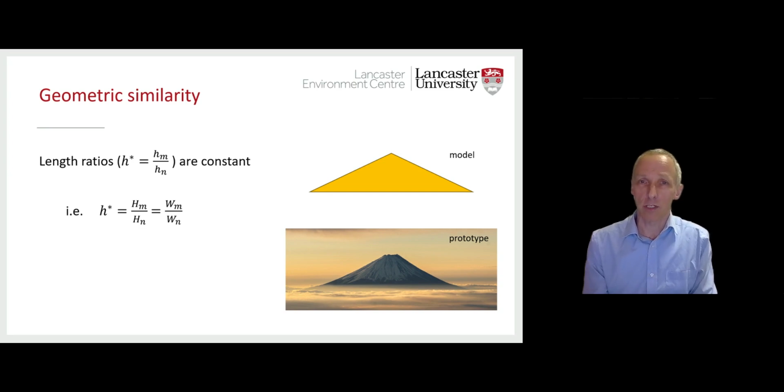If we want our model to be geometrically similar, we need the length ratios to be constant across the model. So, for example, the ratio between the model height and the volcano height should be the same as the ratio between the model width and the volcano width. If these ratios are close, then we can say we have geometric similarity. In essence, the model is replicating the shape of the prototype, and these ratios represent the length scale factor.